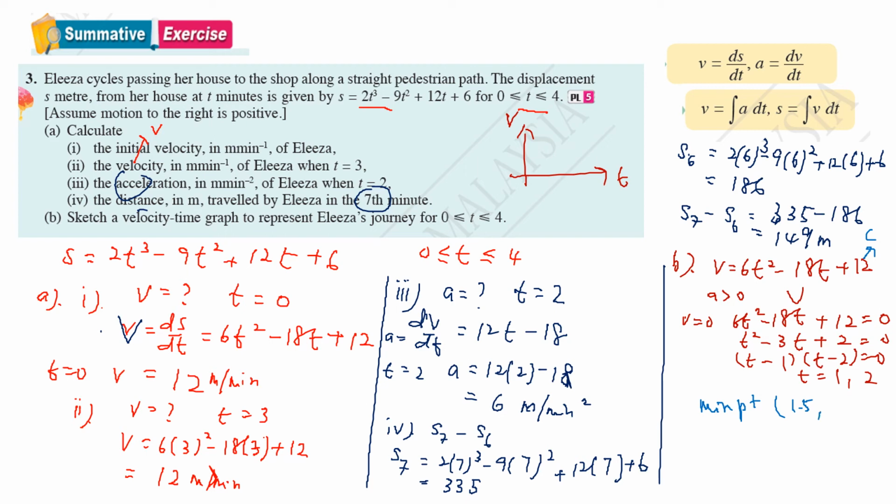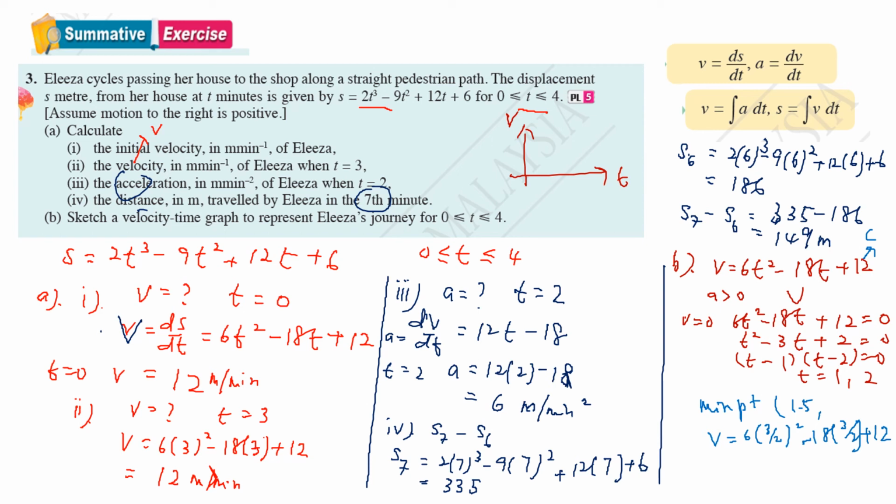You can find the y value when t equals 1.5 by substituting in: 6 times (3/2) squared minus 18 times (3/2) plus 12.